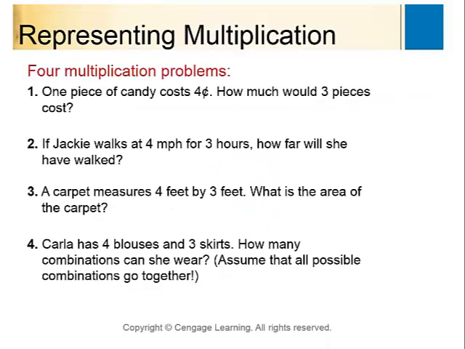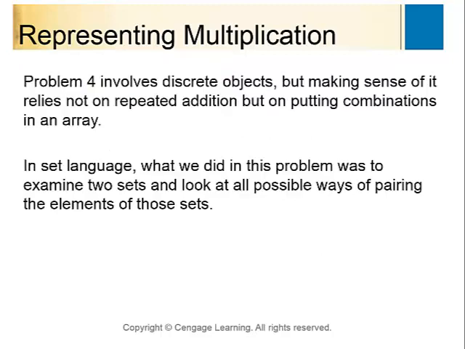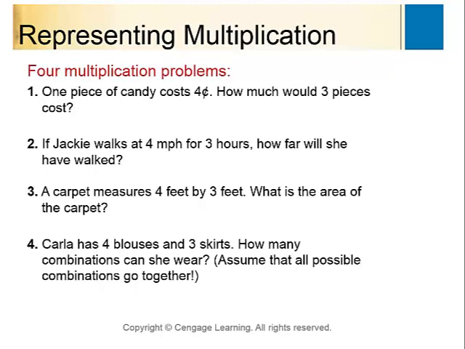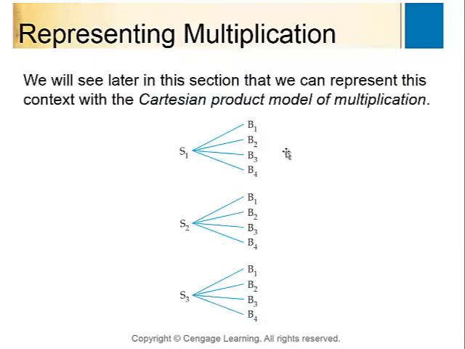For the 4th problem, that problem is a little trickier, and that problem involves an array. She had blouses and skirts, and so 4 blouses and 3 skirts. So I can see the B represents her blouses, the S represents her skirts.